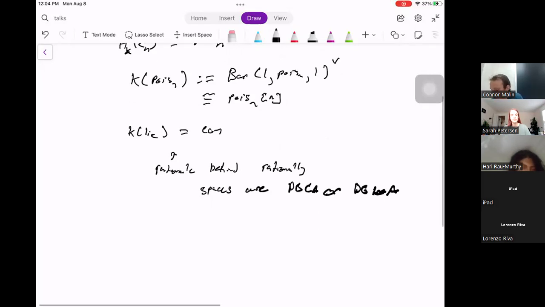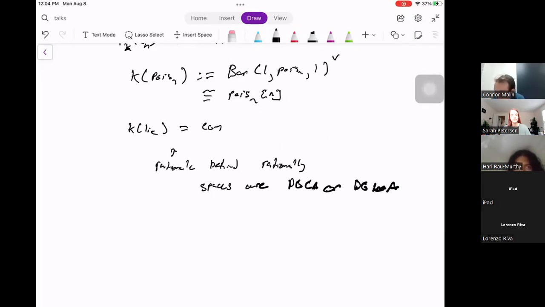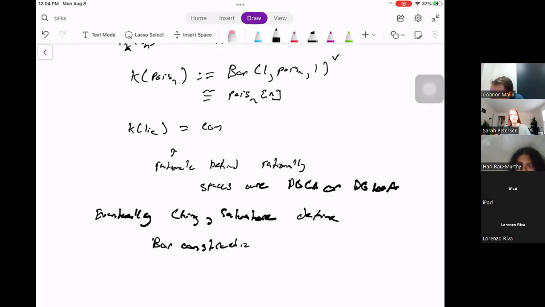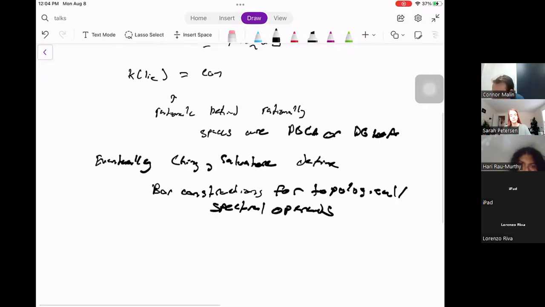And so eventually, at the same time, Ching and Salvatore in their PhD theses defined bar constructions for topological operads, like spectral operads, and showed things like, well, let me not say that.